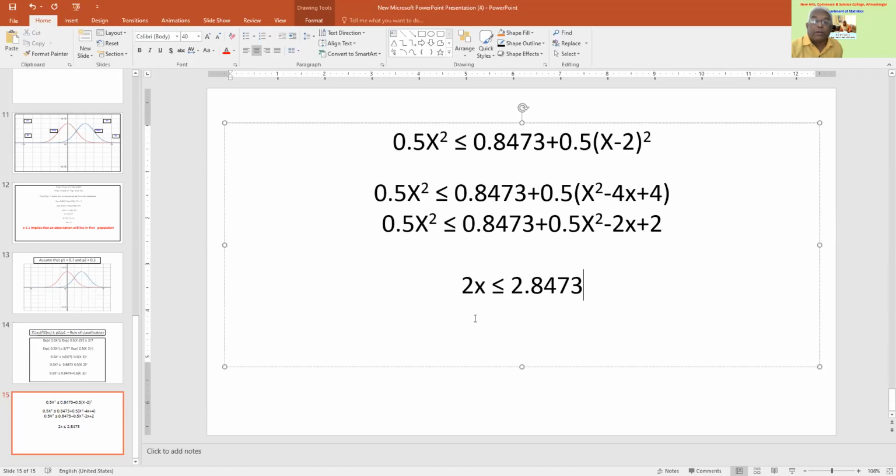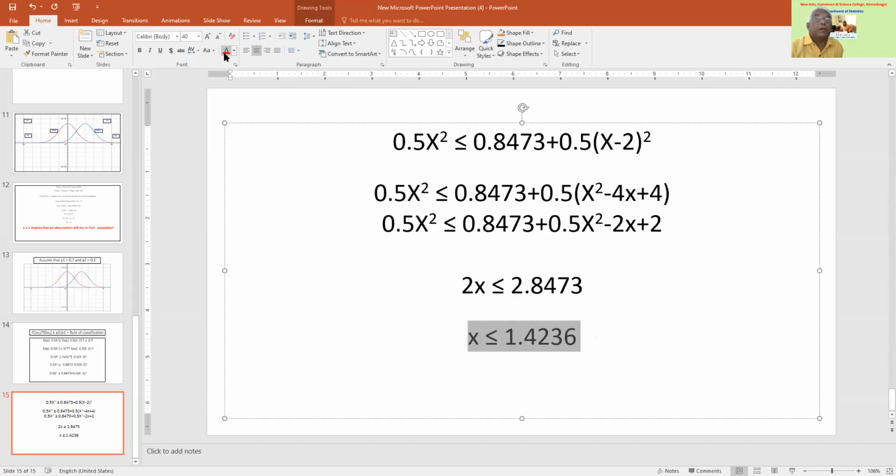So if I divide by x, what I will get is very interesting. If I divide by 2, I will get 1.423 and then 6. This is what I get.